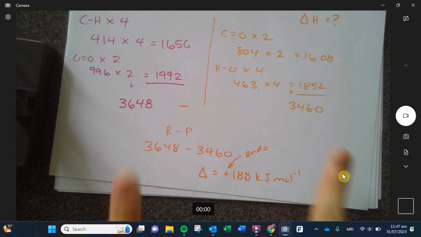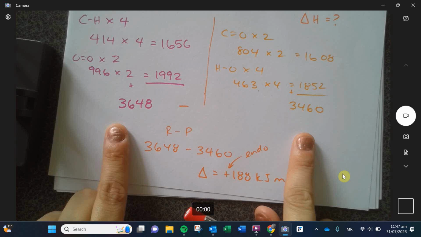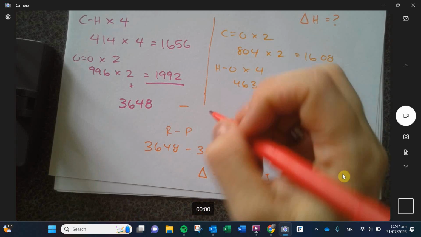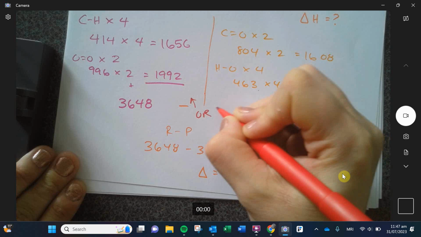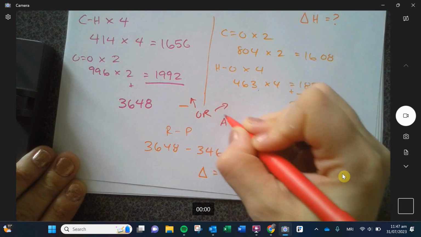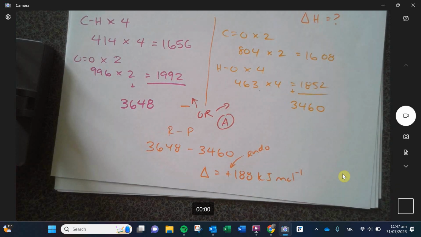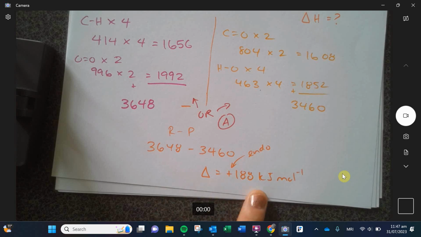Some things to keep in mind for the achieved, merit, and excellence. For the achieved, you only need to get one of these two values correct. So you either get that number or this number, and that would be an achieved for this question. What that means then is I need you guys to show your work. So if you make a mistake and you just write down your final answer and I can't see the working, I don't know where that mistake happened.